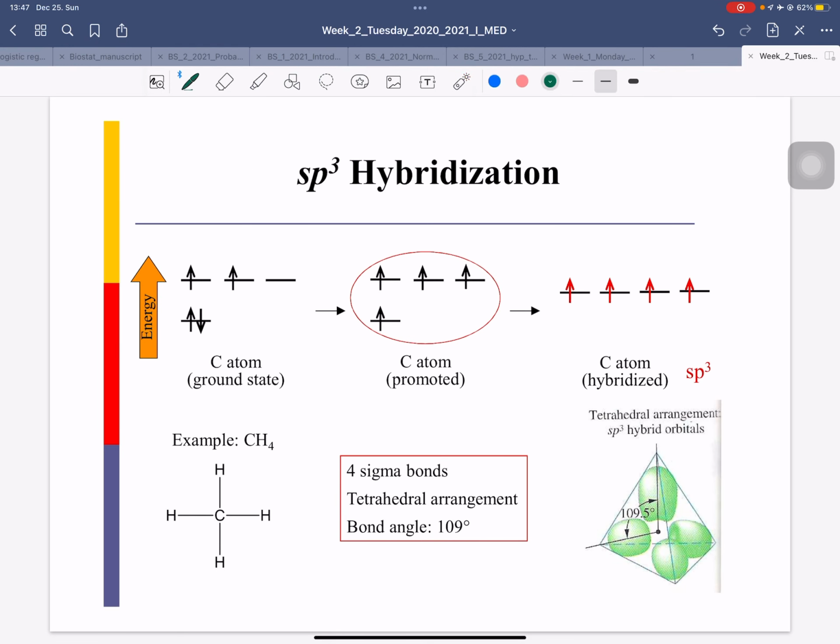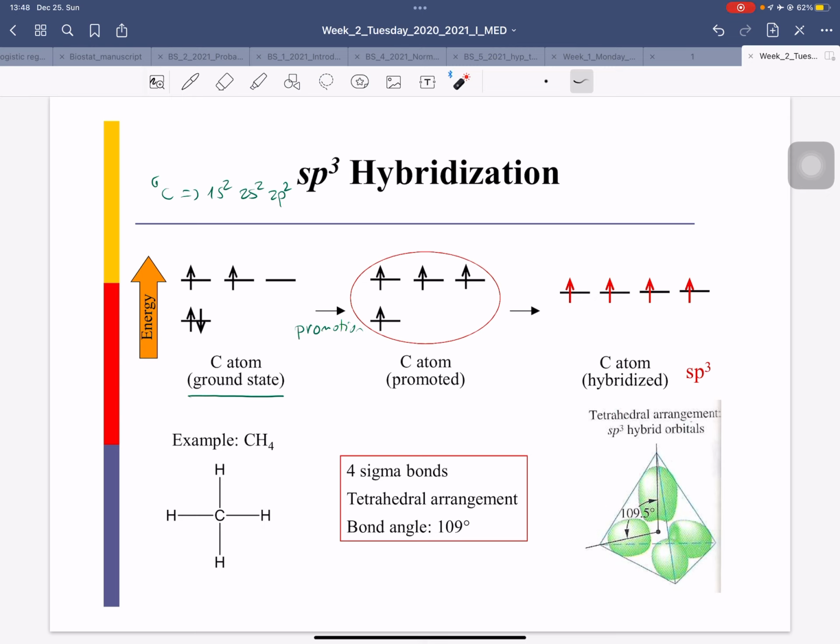As you remember from the last page, carbon is 6, and we have 1s2, 2s2, 2p2. Okay, it is in the ground state. Because the energy difference in the last valence shell is very low between the s and the p orbital, we can have a promotion or excitation, and 1 electron from the s orbital can jump to the p orbital.